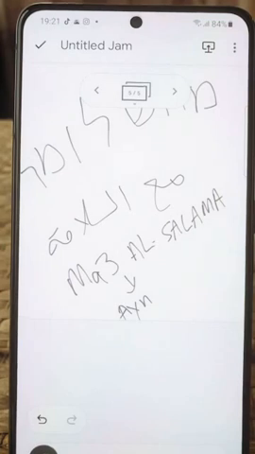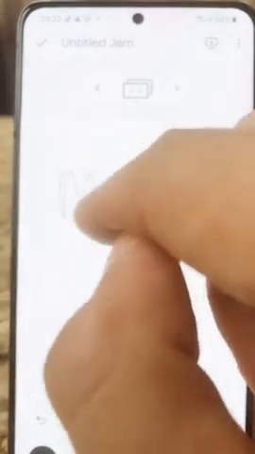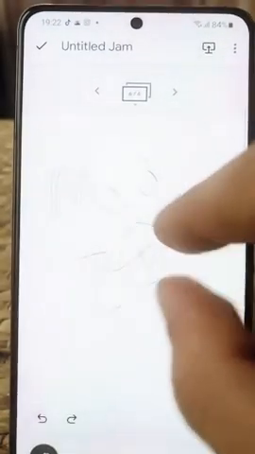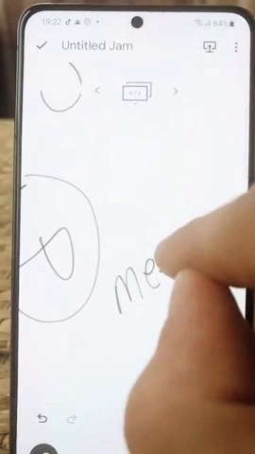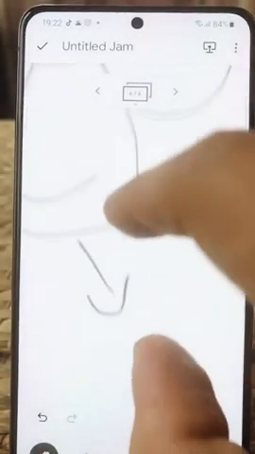So this is ma. Ma is with. So basically, when you tell someone to go bye-bye, you tell them with peace, like take peace with you. مع السلامة.